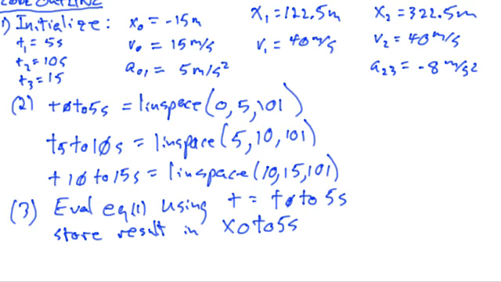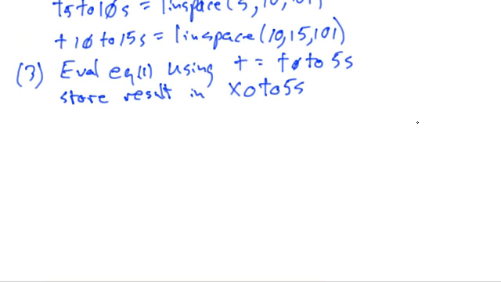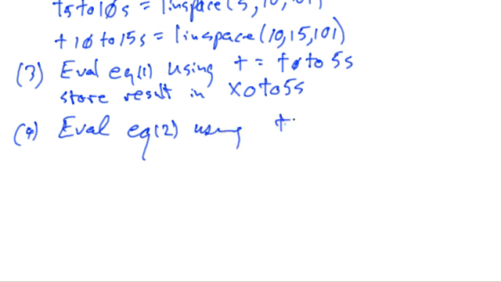These next two steps are going to be the same. Just copy that down with minor differences. Almost the same, I should say. Eval equation 2 using t equals t5 to 10 seconds.